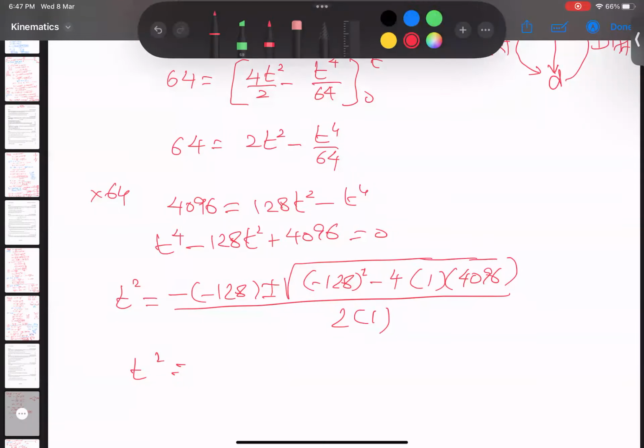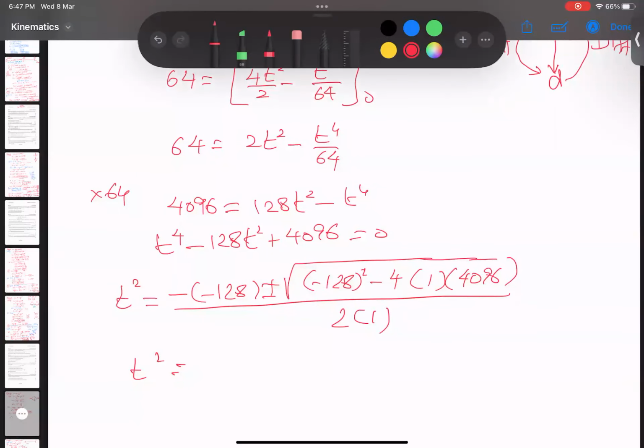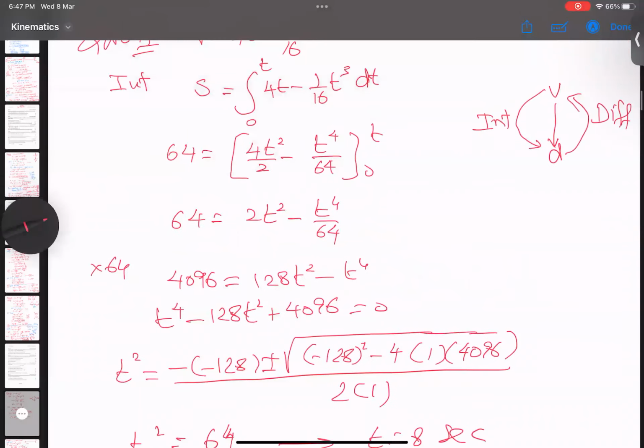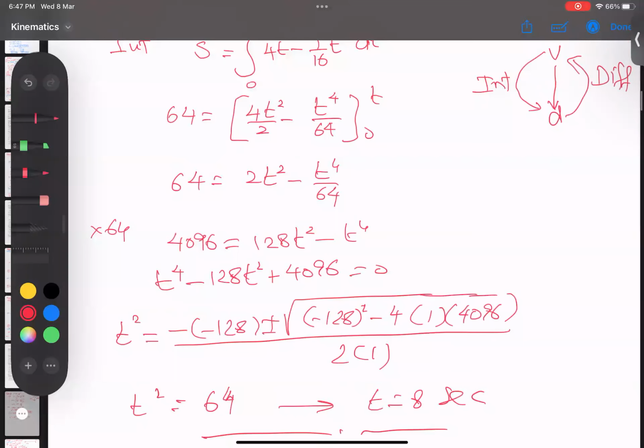And 4096. My first answer is coming 64, and no other answer comes. So 64 coming two times. When I take the root, I get directly t equal to 8 seconds, and that is our first part over. So you have seen, without any assumption, we can find it even, but we must write t squared. I hope the point is clear.